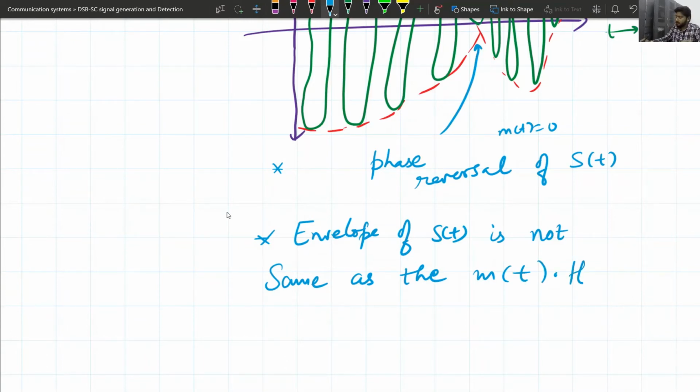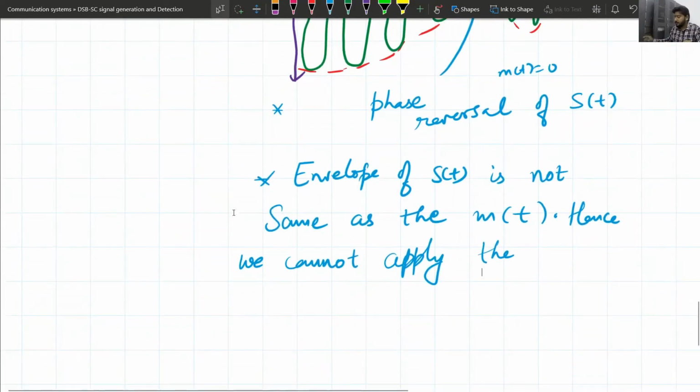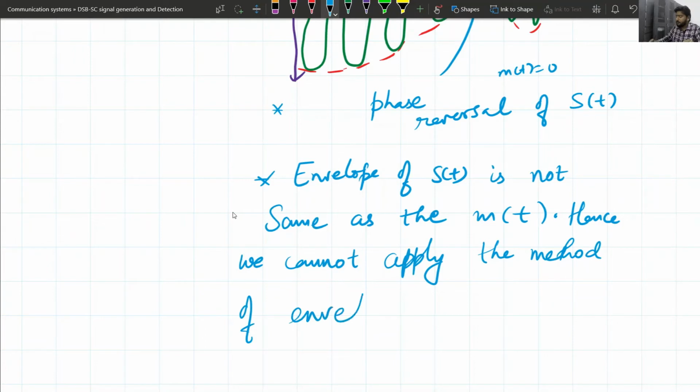Hence, we cannot apply the method of envelope detection.